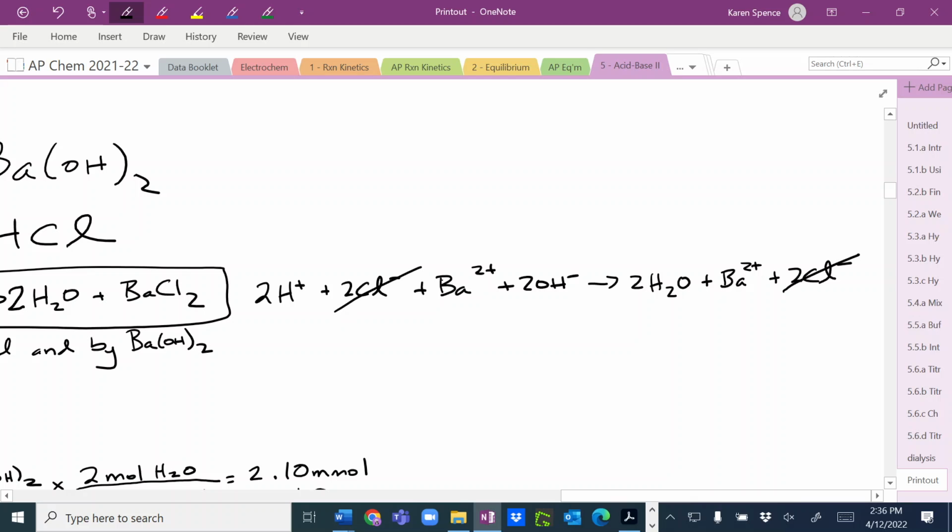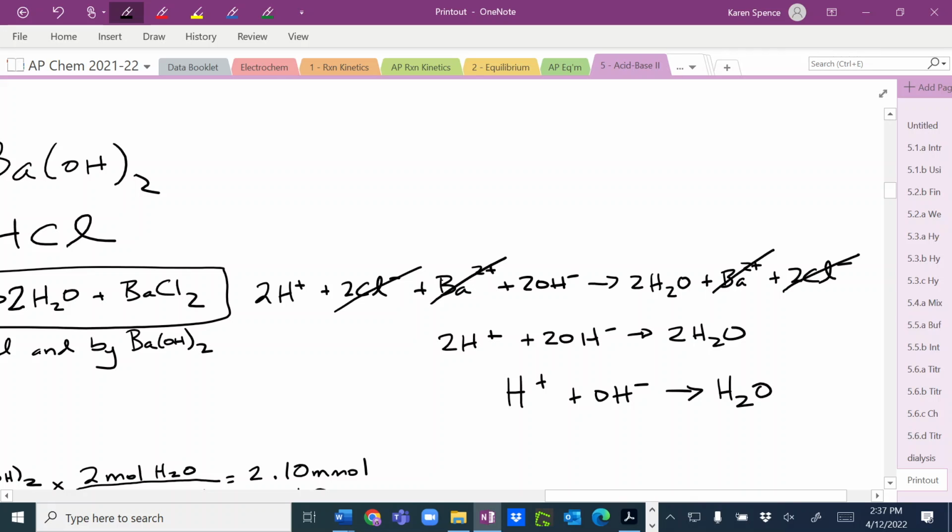Chlorides cancel, barium cancels, and we are left with 2H plus 2 OH minus gives us 2H2O, which simplifies to H plus OH minus gives us H2O. That is the net ionic equation for every single strong acid, strong base reaction.